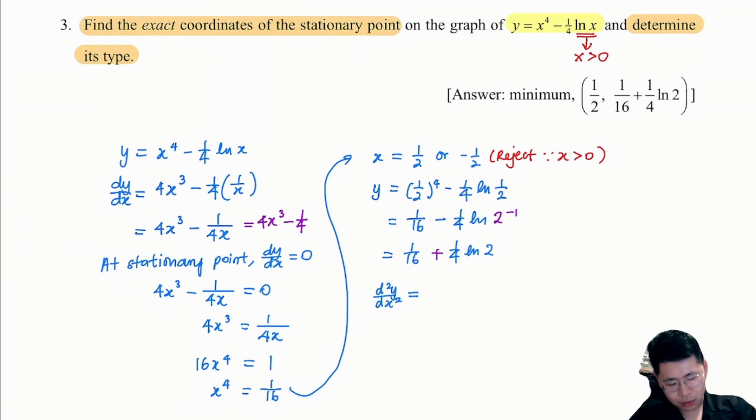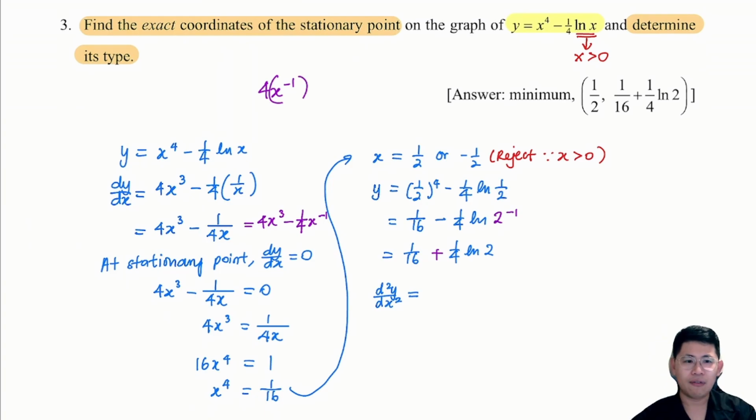So this is just 1 over 4. x is the one that I will change to power negative 1. This power negative 1 only belongs to x. If you were to write 4x to the negative 1, it's wrong, because the negative 1 only belongs to x. If you want the whole thing, you have to put a bracket around the whole thing. But if you bracket the whole thing, you cannot differentiate because the 4 is still inside. So we only concern ourselves with x, keep 1 over 4 alone, and raise x to the power negative 1.